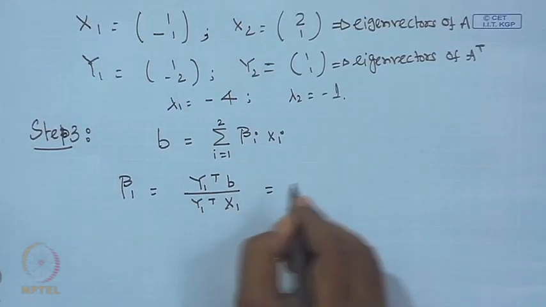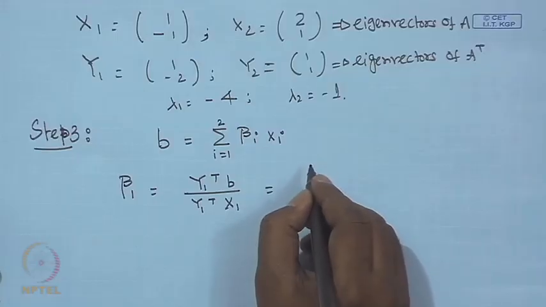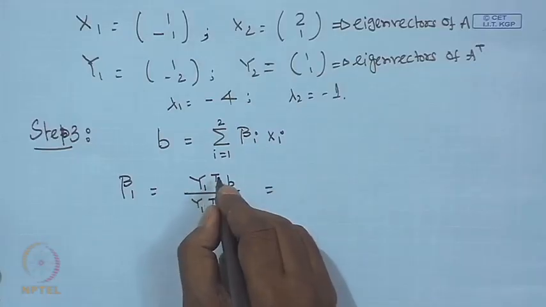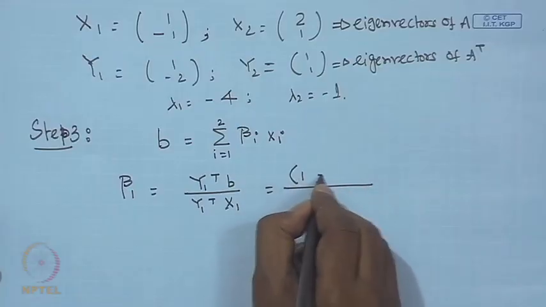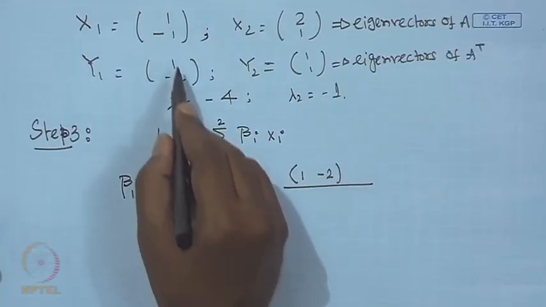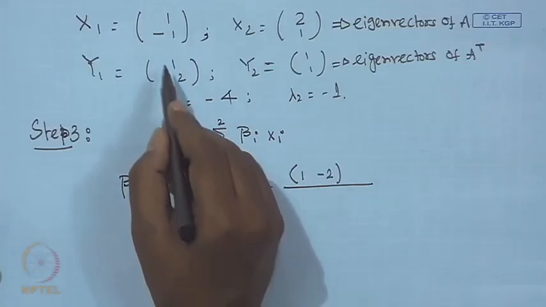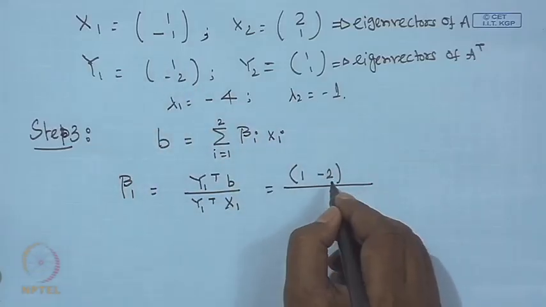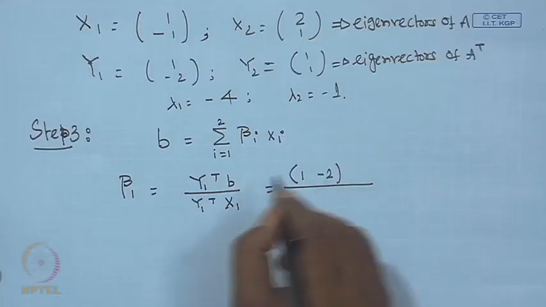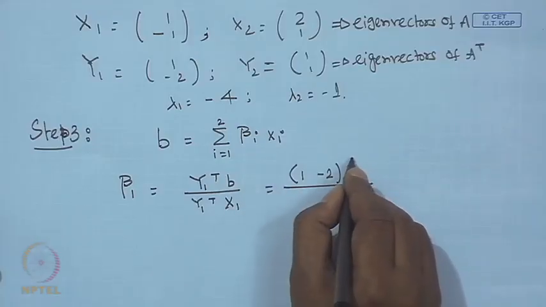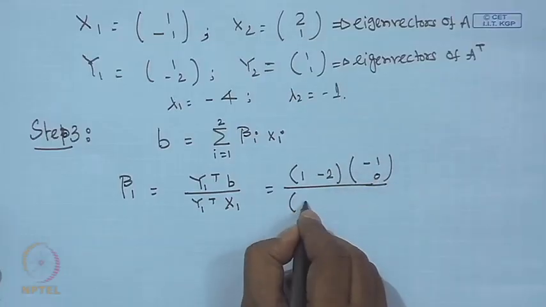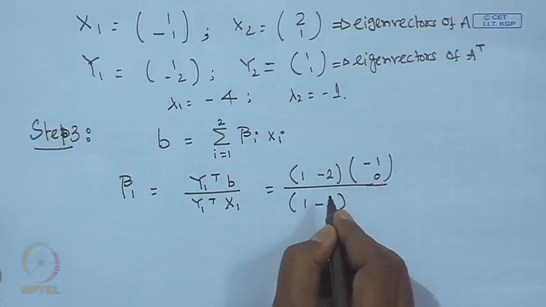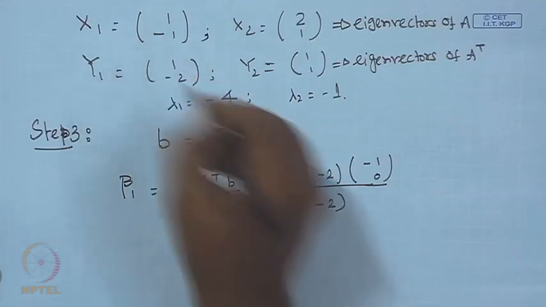So, if we write it down, y 1 transpose will be simply 1, -2, the column becomes a row. And B is -1, 0, and y 1 transpose is the same as 1, -2, and x 1 is 1, -1.